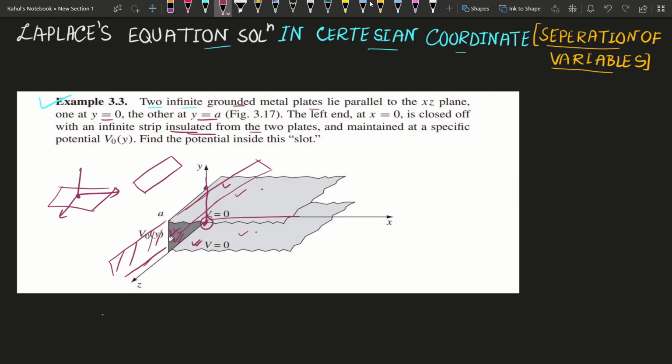It is maintained at a specific potential V0. Here you can see this is V0.